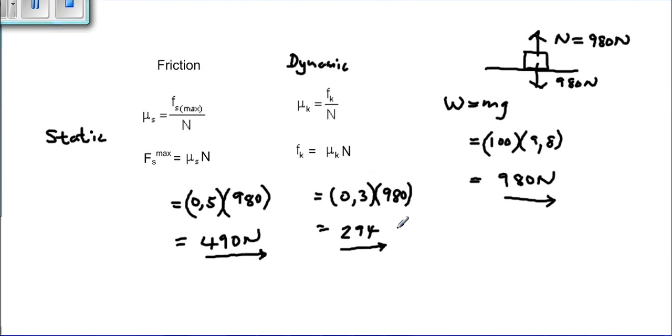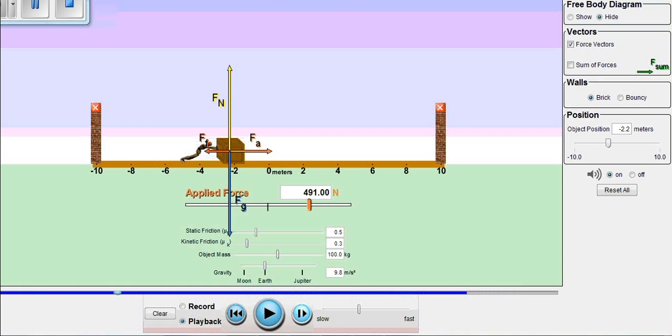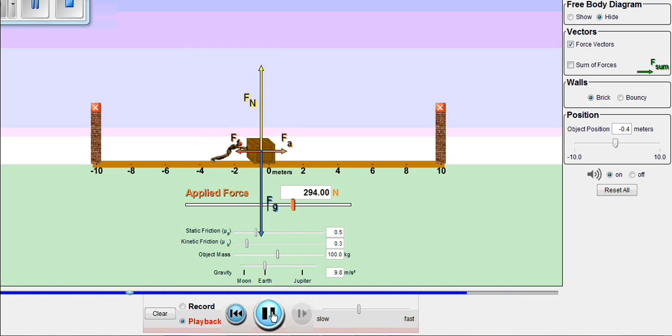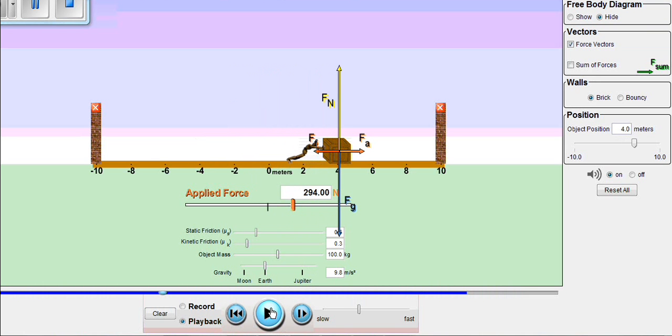So our dynamic friction now is 294 newtons, which is less than the 490 newtons. If we go back to our applet, because we had 491, the object moved forward. But if we change it to 294, we see that the object continues moving.